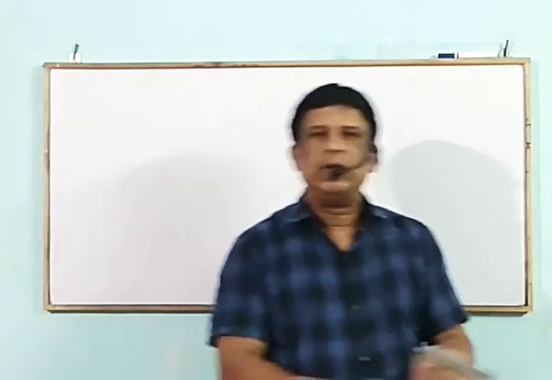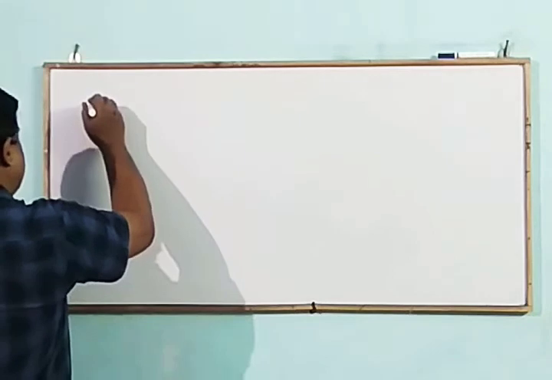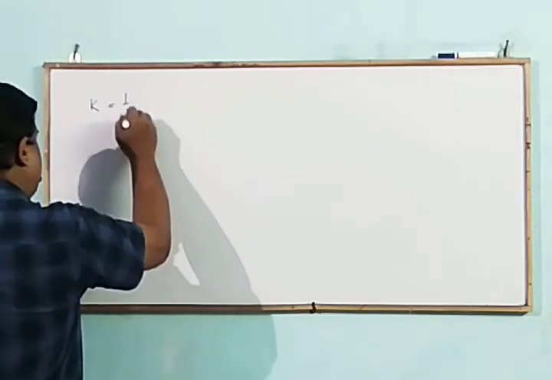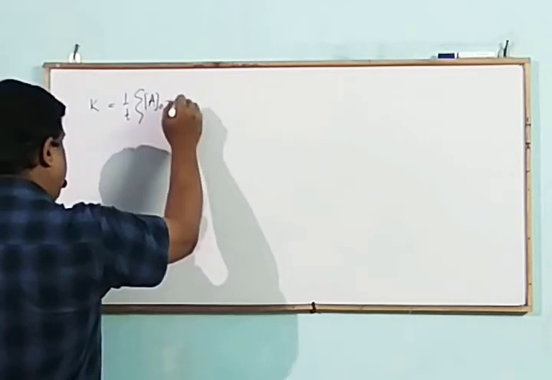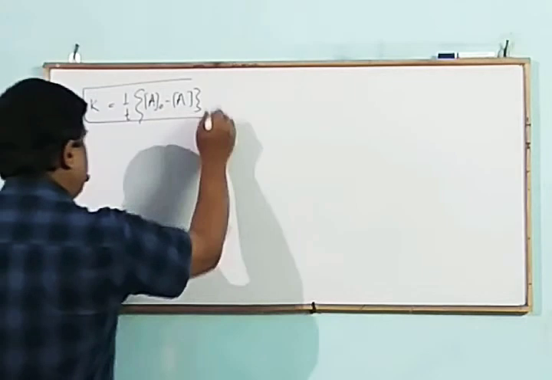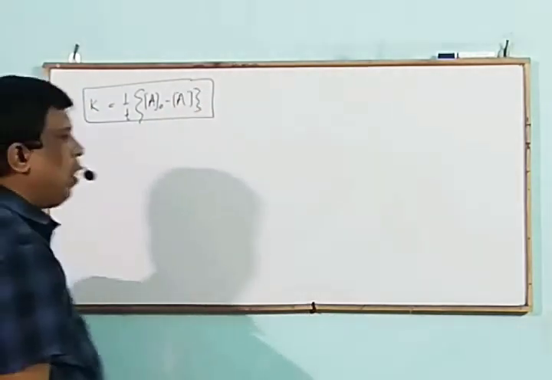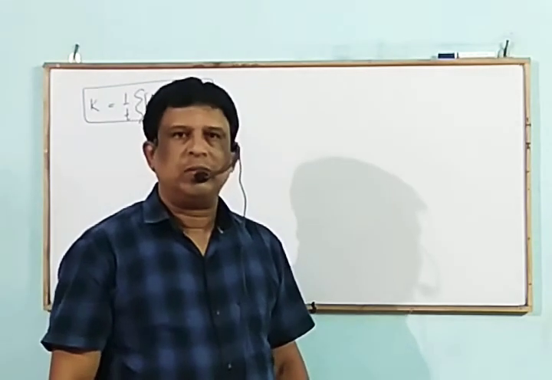Already covered, the mathematical expression is K is equal to 1 by t, A naught minus A. It is the required expression for zero order kinetics in integrated form.